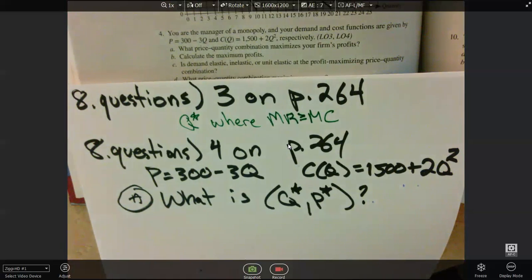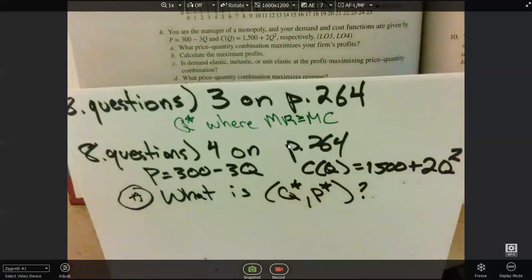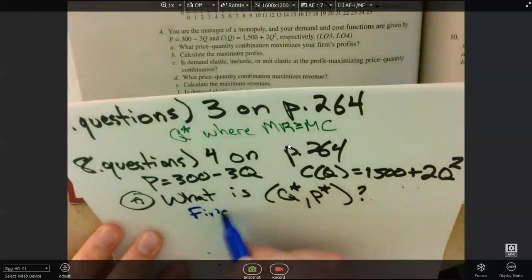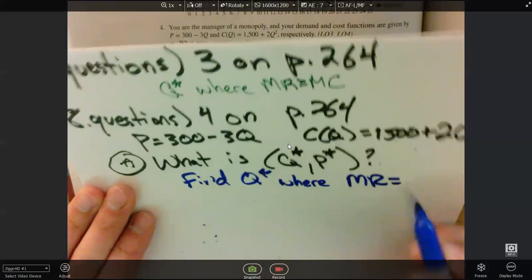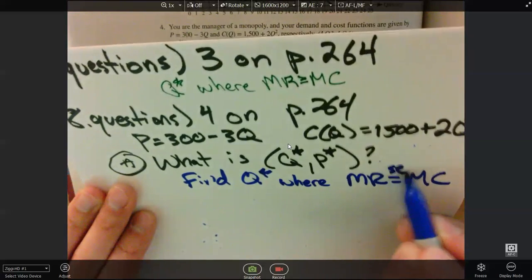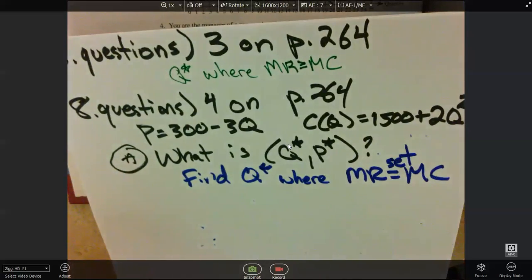No, same thing, right? We're going to find Q star where marginal revenue is equal to marginal cost. We're going to set marginal revenue equal to marginal cost.